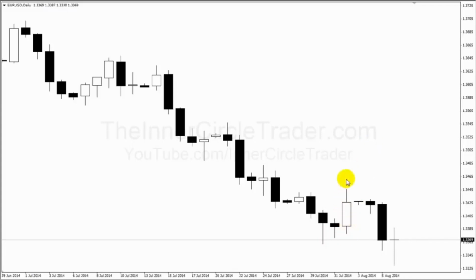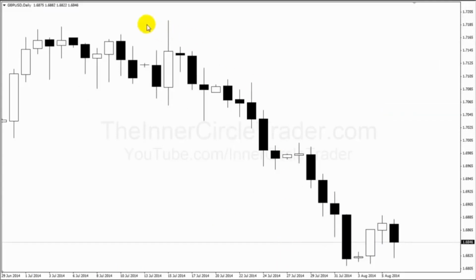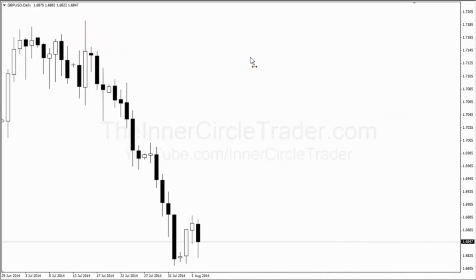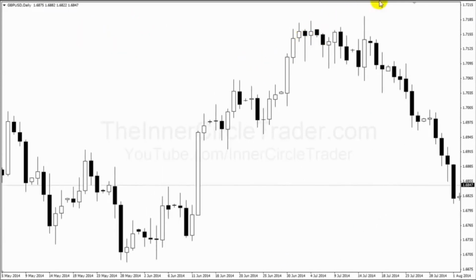In other words, they're setting up a scenario that's going to be a little bit more of a move going lower. And also, this is actually the weaker of the two pairs between the fiber and cable. Let me zoom out a little bit here. Cable was making this higher high back here, while at the same time, in June, July, the last day of June going into the first week or two of July, we made higher highs in cable.